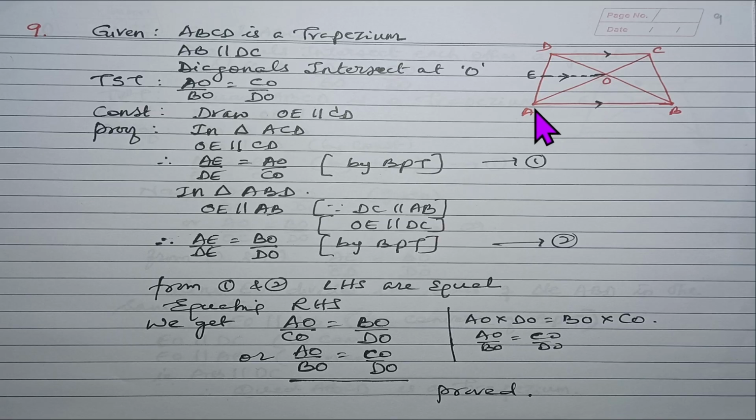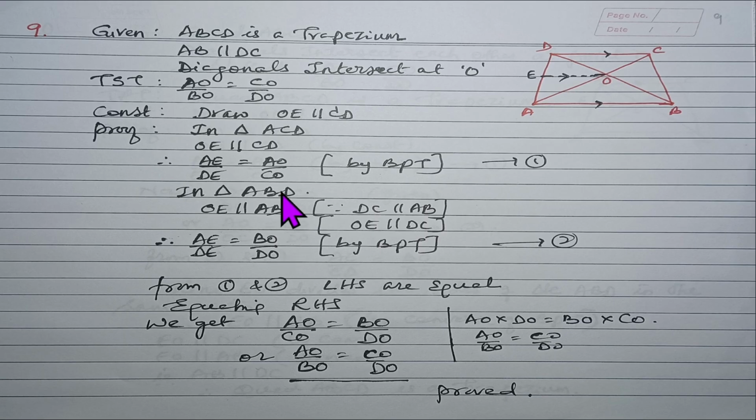Now let us take another triangle, ABD. Again OE is parallel to AB, therefore AE upon DE is equal to BO upon OD, correct? So now we have got two relations here. From 1 and 2, we find that the LHS, AE upon DE, is equal in both.